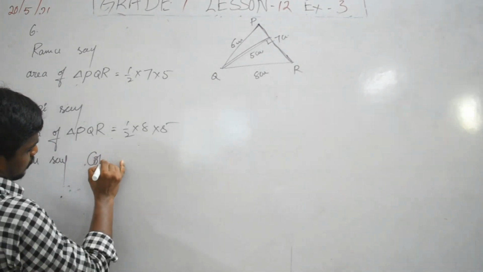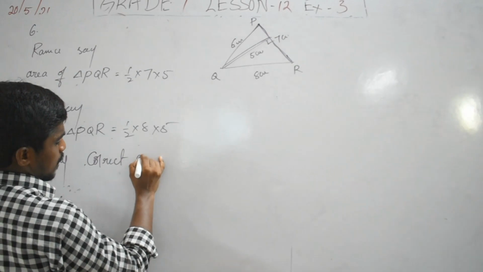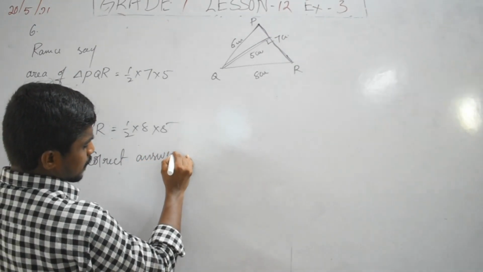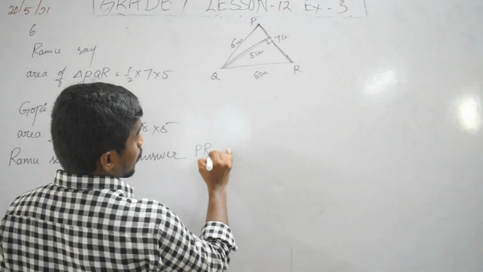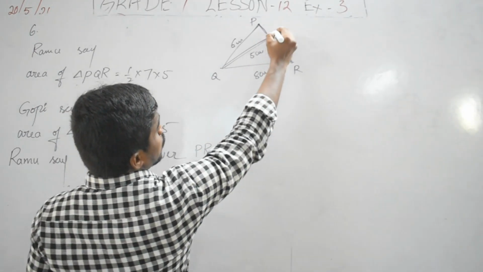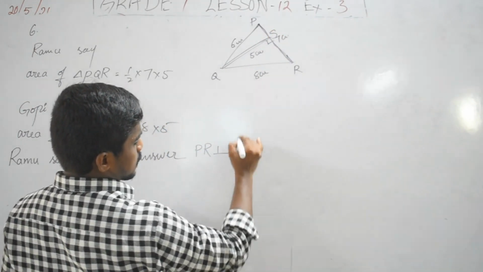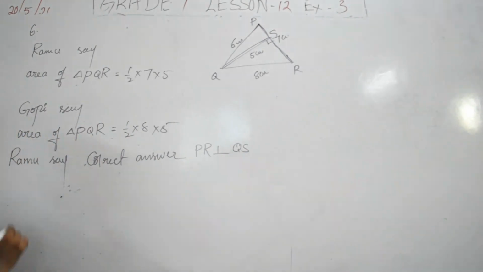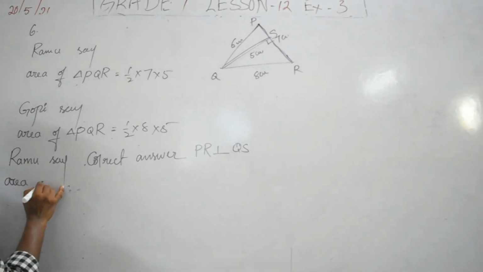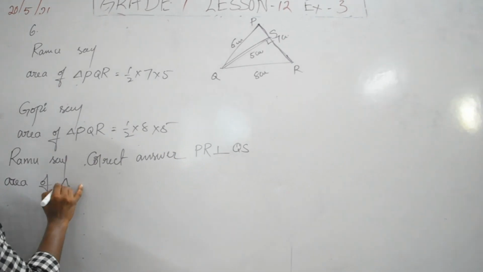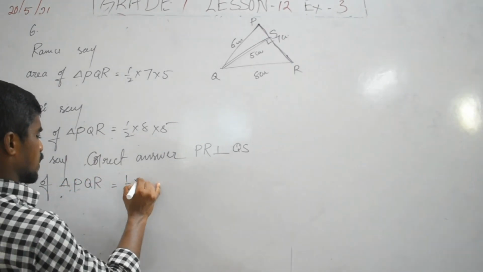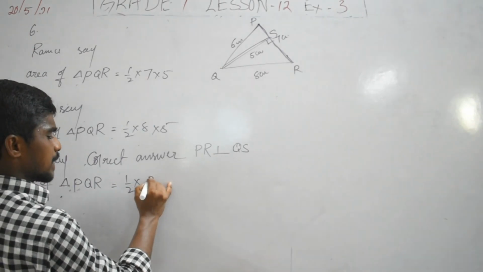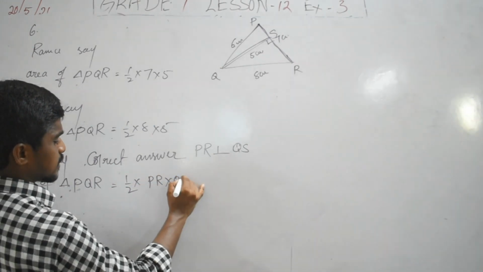So Ramu says correct answer. Why? PR is perpendicular to QS. So here area of triangle PQR, half cross out base PR cross out QS.